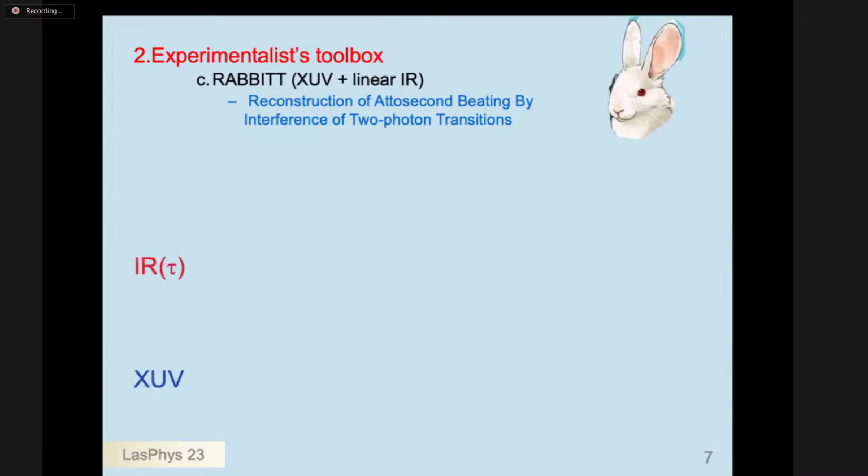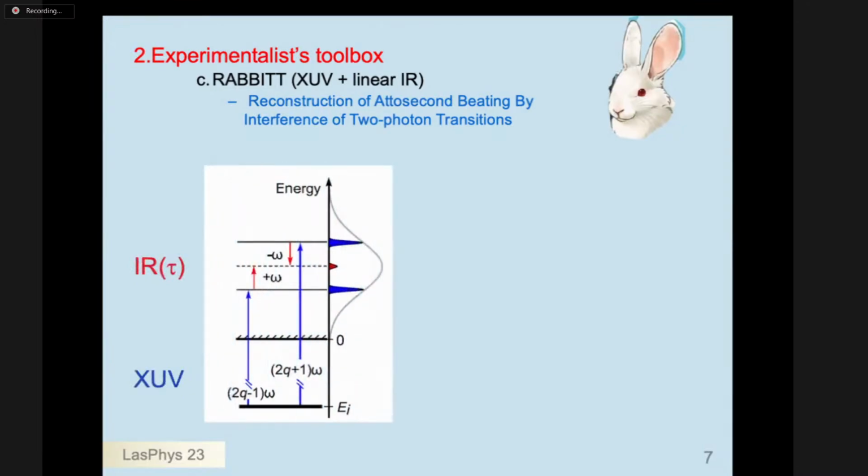In this technique, two neighboring odd harmonics of the laser frequency are used to ionize the atom, and then one laser photon is either added or subtracted in the ionization process to produce what is known as the even sideband in the photoelectron spectrum.